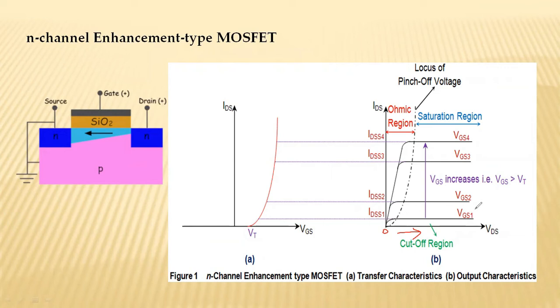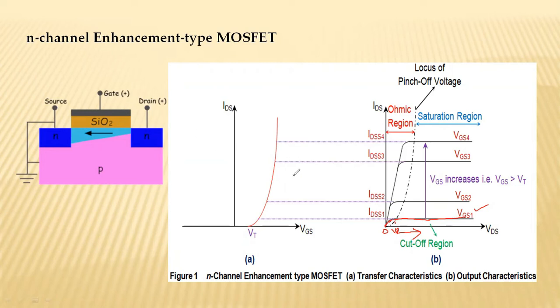Say at a particular gate voltage called VGS1, initially as VDS increases, current ID increases, and at a certain voltage called pinch off voltage, the current becomes maximum and after that it remains constant.